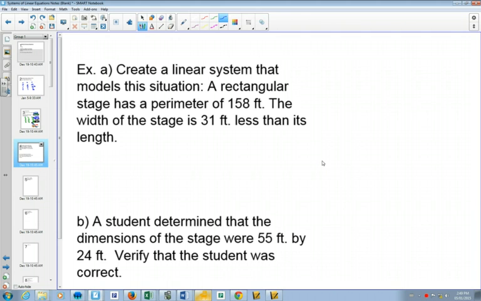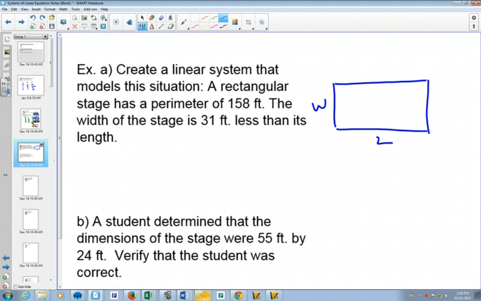So a word problem like this, a good strategy: draw a diagram. Are you okay with calling length L? Sure. And width W? Now, the first sentence here, a rectangular stage has a perimeter of 158.